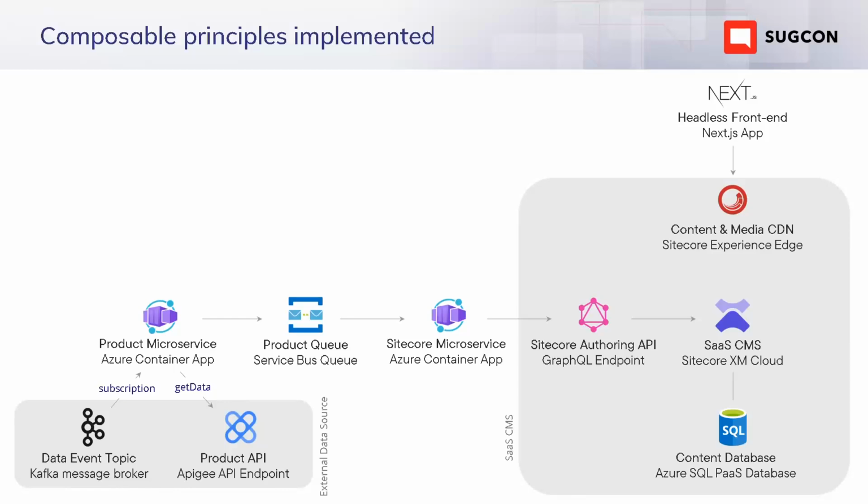And again, only one dependency. And in this case, if Sitecore for any reason is down or slow, then I don't lose my event data, my new product data.